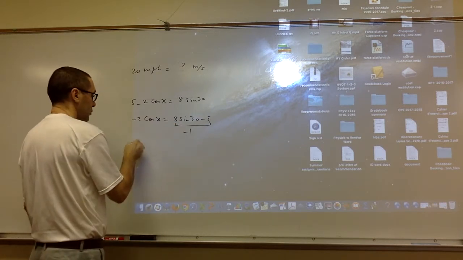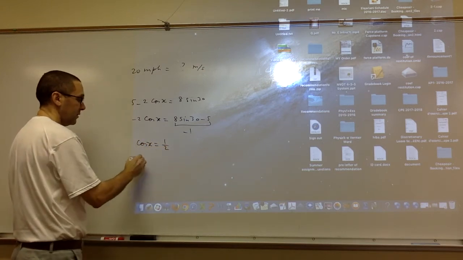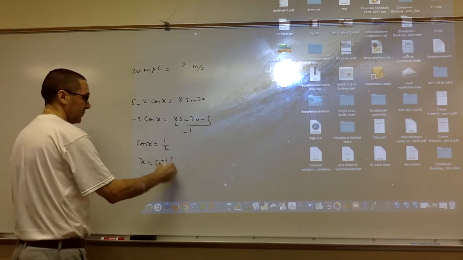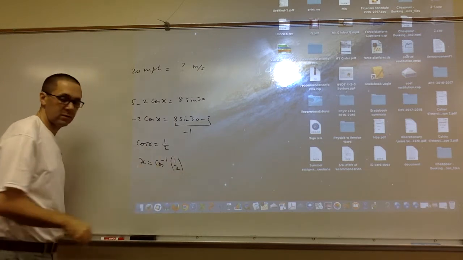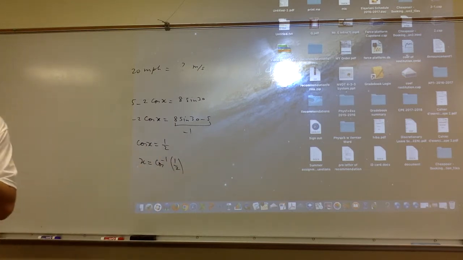All right, so cosine of x is going to be equal to positive 1/2, which means x is going to be equal to the inverse cosine, which is in your calculator, of 1/2. And that should give you something. And I think that something, if I'm not mistaken, is 60, I believe.